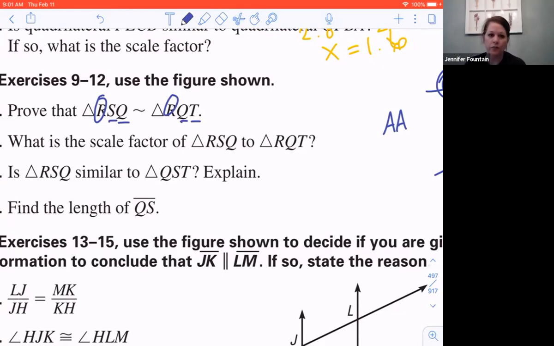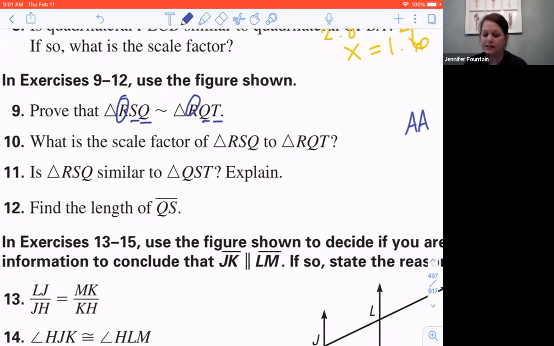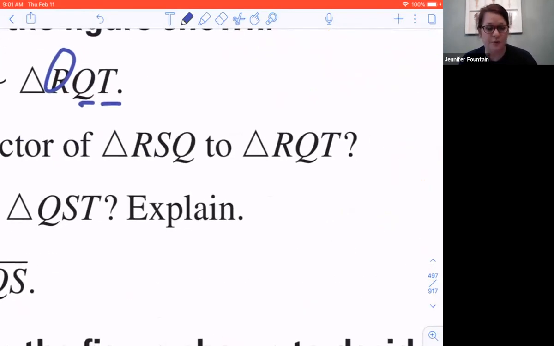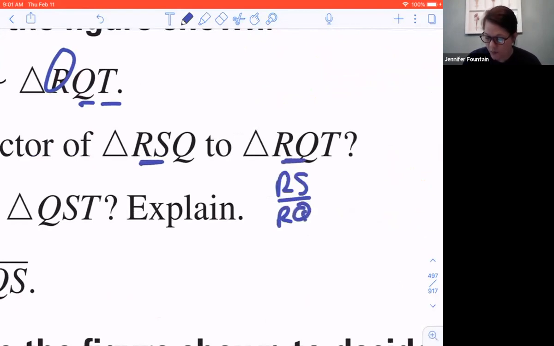Okay. Now, the next thing says, what is the scale factor of RSQ to RQT? So think about this, okay? When we talk about the scale factor, one of the things that helps me is I can say RS over RQ. So I could compare those sides.